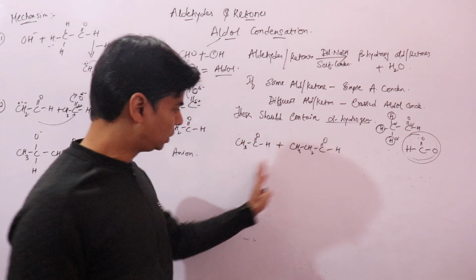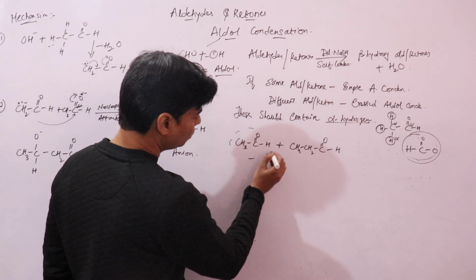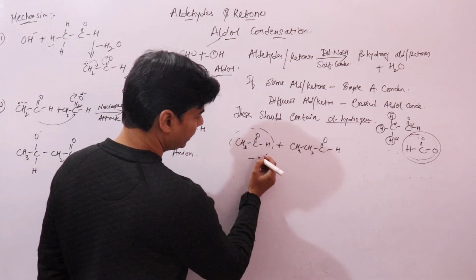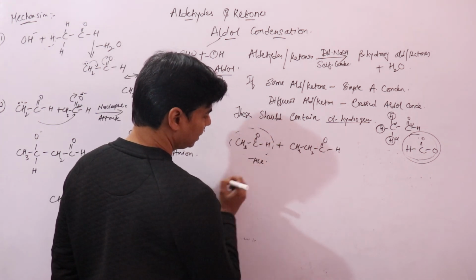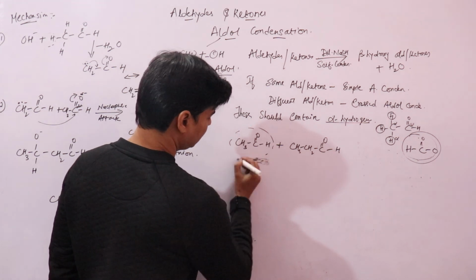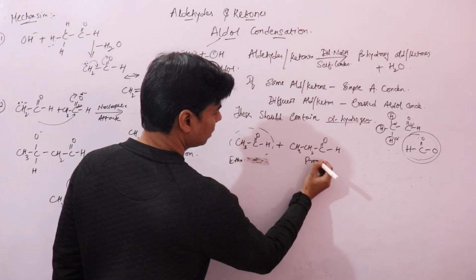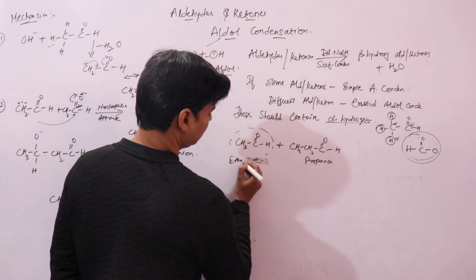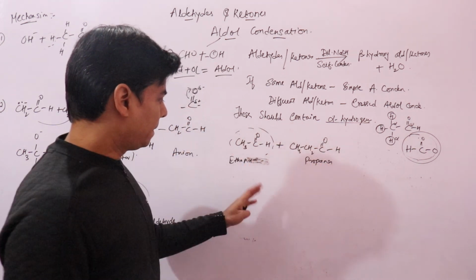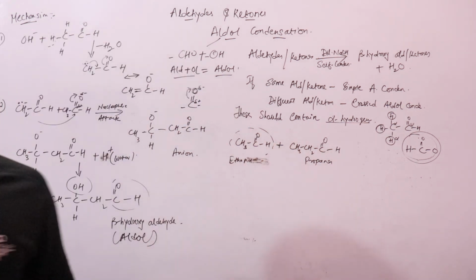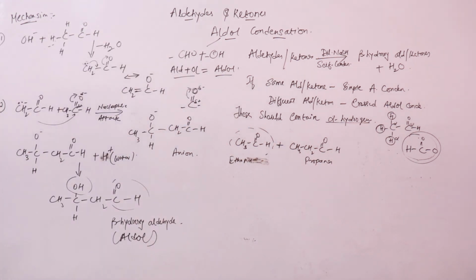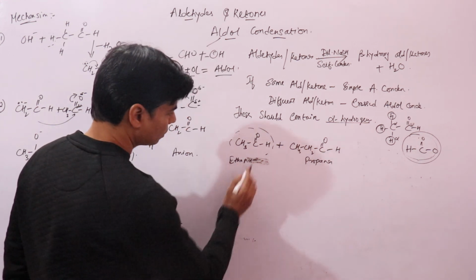Because if I do this reaction, first two molecules of the same aldehyde will react. Let's say this acetaldehyde, let's call this ethanal, and let's call this propanal. I'll just quickly tell you how this will react, then we'll make another lecture on this.